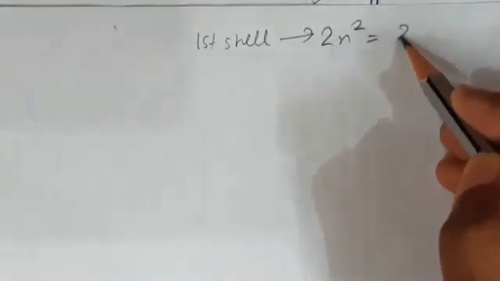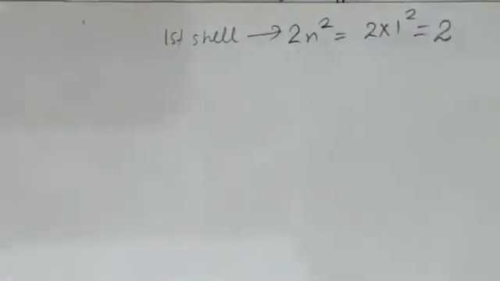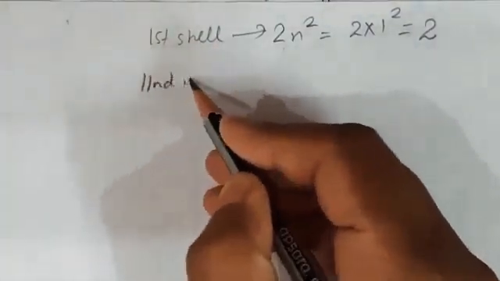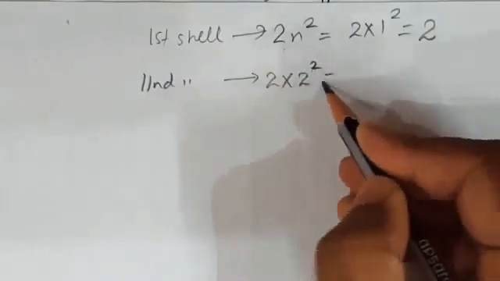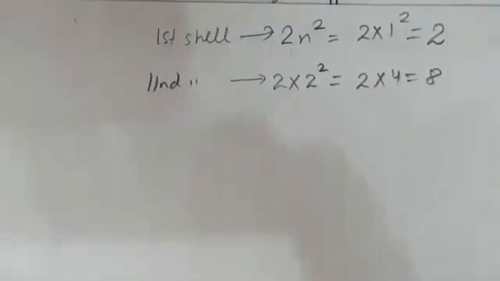You know that in the first shell, how many electrons can be filled? That is given by 2n square. So only 2 electrons can be filled in the first shell. In the second shell, how many electrons can be filled? Calculate by the 2n square rule. 8 electrons.